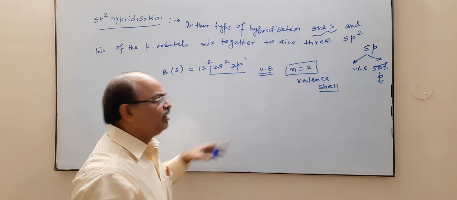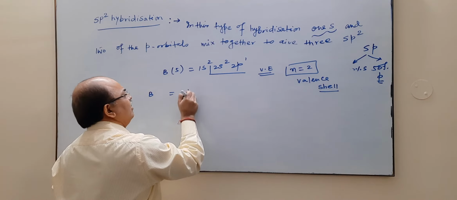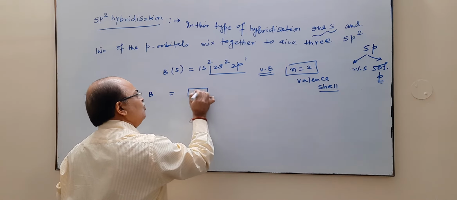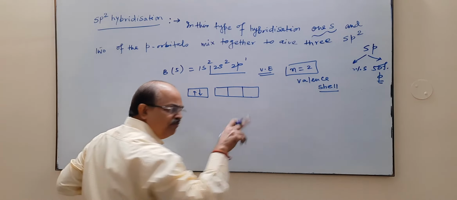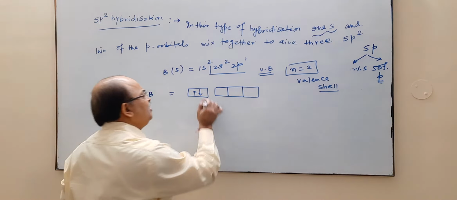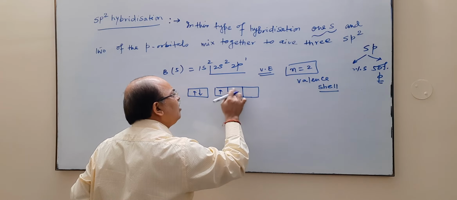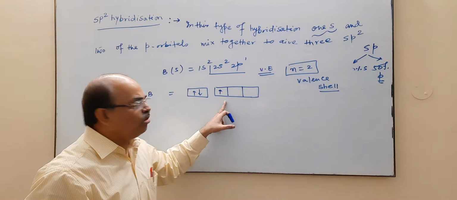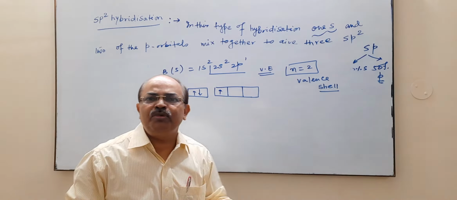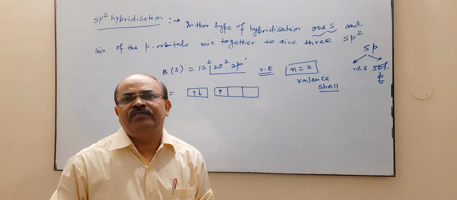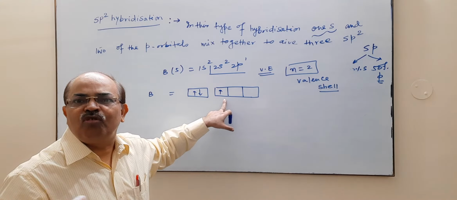So we can write boron in ground state, it is your 2s2 and this is your 2p1. तो 3 2p ऑर्बिटल होंगे, px py pz, but electron is present only in one of the p orbitals while the rest of the p orbitals are lying vacant. तो उस हिसाब से यहां पर एक ही अनपेयर्ड इलेक्ट्रॉन है.